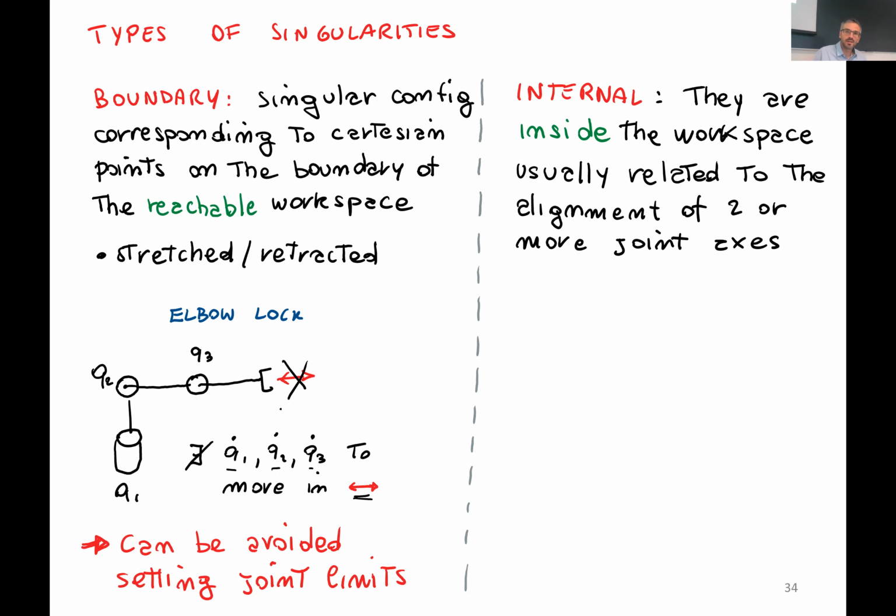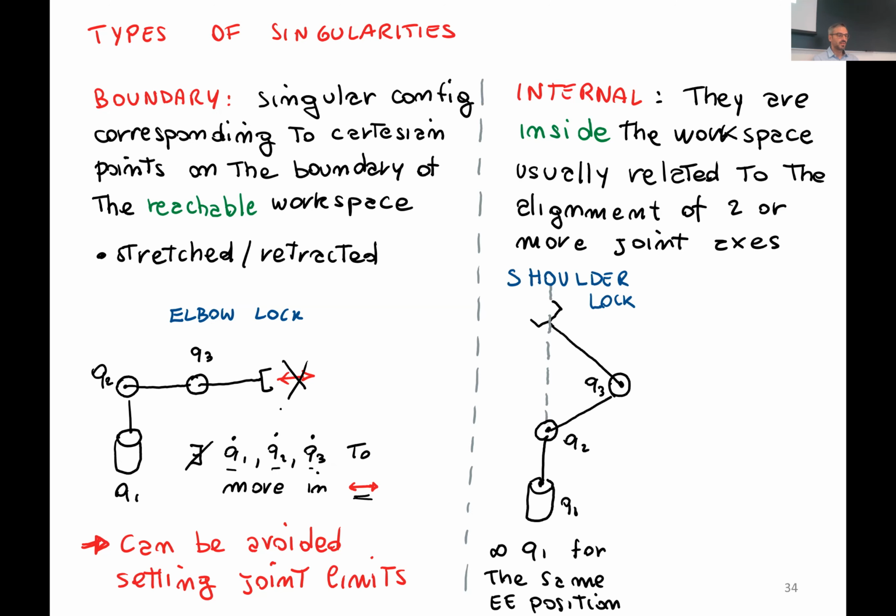The other set, instead, are the singularities that are internal. They are inside the workspace, and usually they are related to the alignment of 2 or more joint axes, or to the case when the end effector is on some joint axis. So for example, this is the case of a shoulder lock, where you have the end effector along the axis of the shoulder joint.